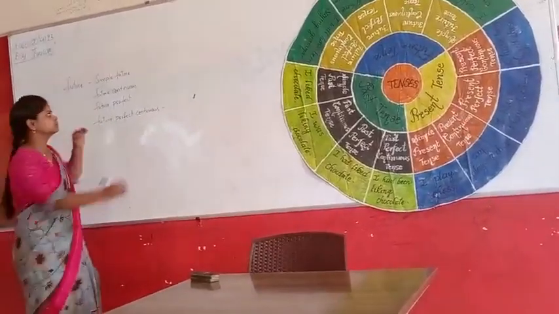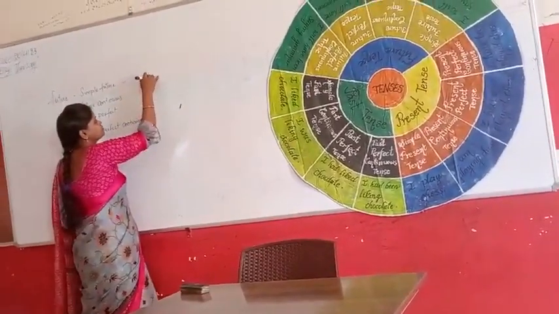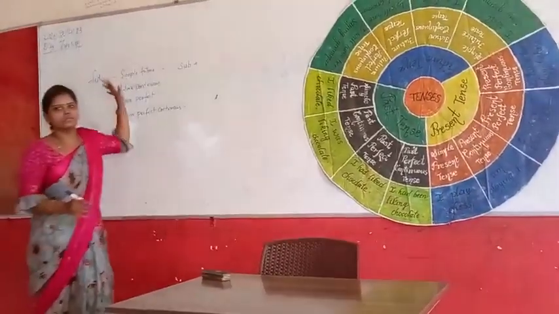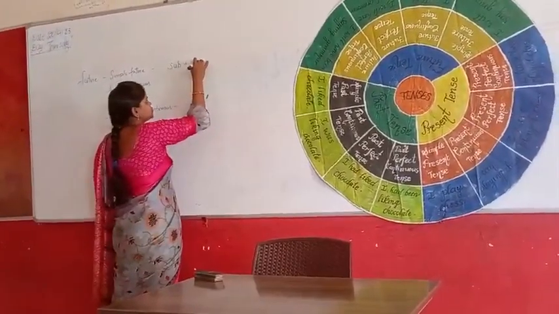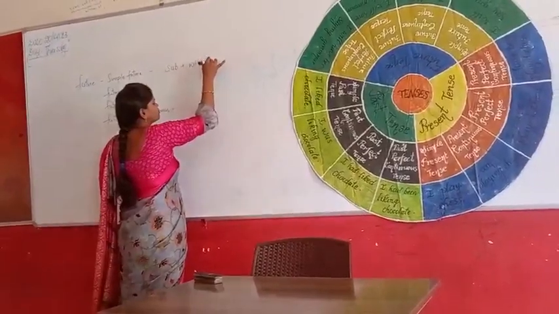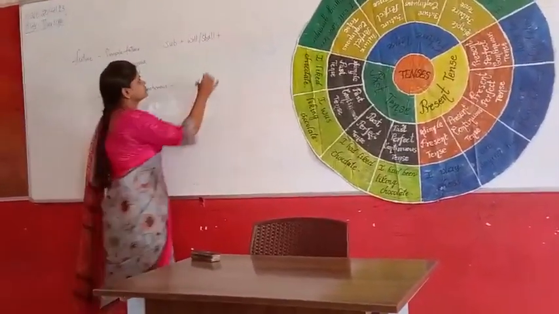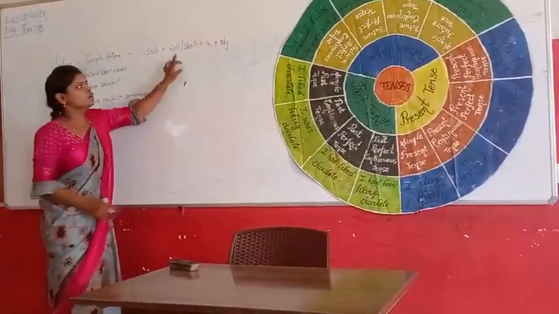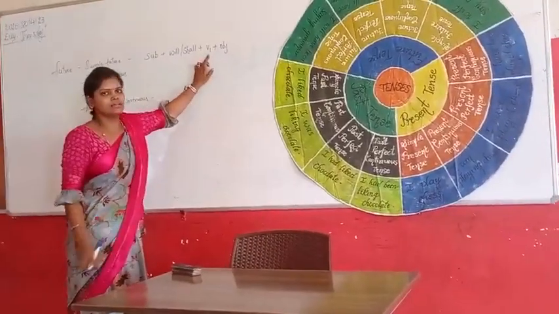Simple future. Structure is subject plus will or shall, as you already know, plus V1 plus object. Will or shall is there, so we should use V1 and object.